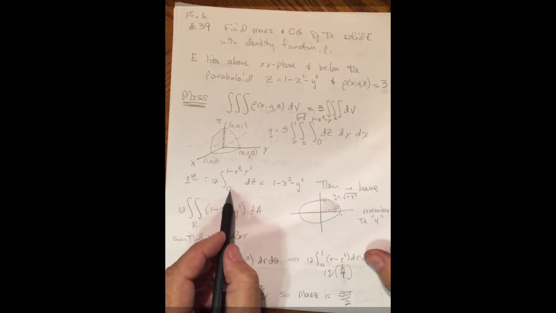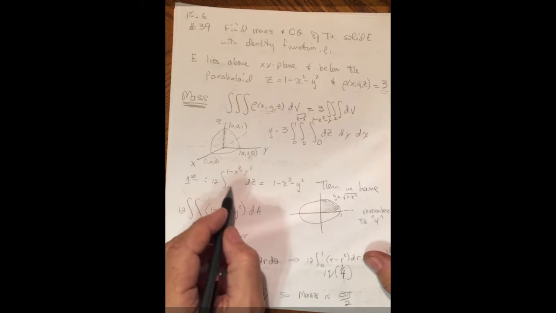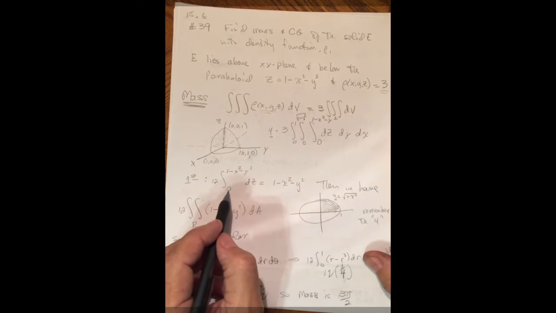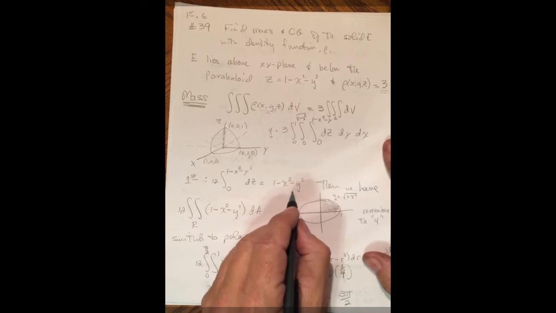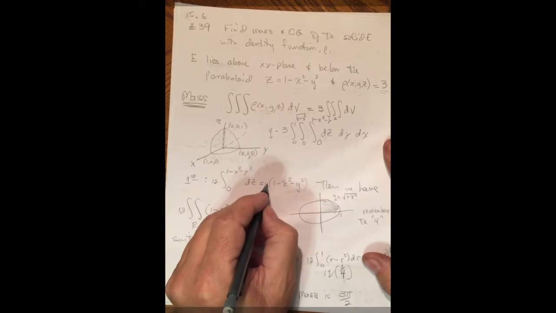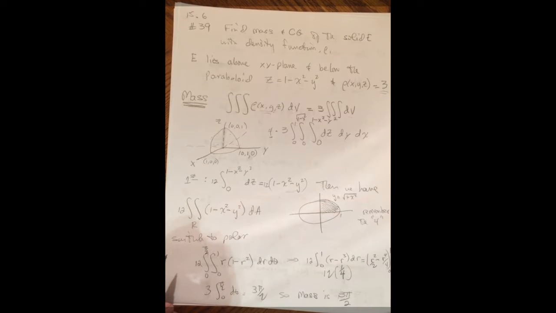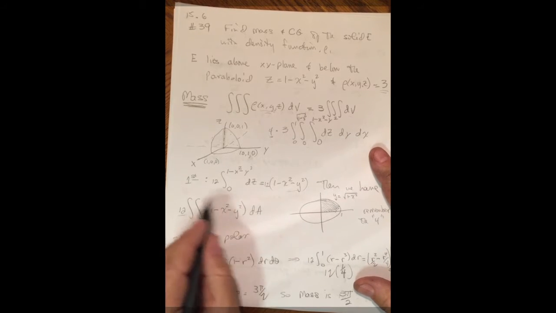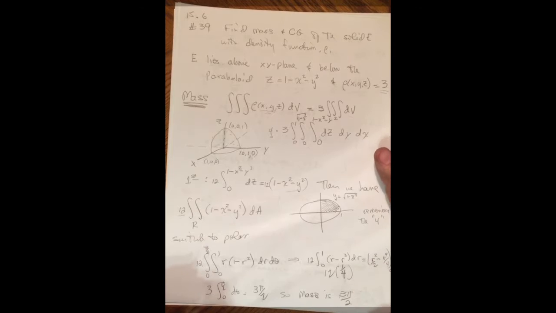Okay, so the first integral is just, it's going to be 12 times the integral of dz. When we integrate dz, we get z from 0 to this, so we pick up this. Actually, there should be a 12 there. Then we're left with 12 times this integral over the region in the xy plane.